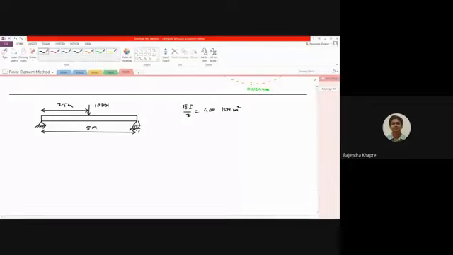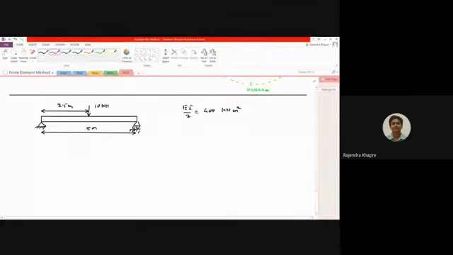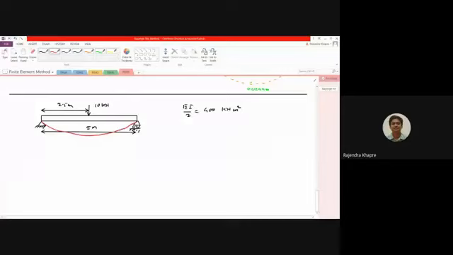If you observe the deformed shape, it should be like this, isn't it? You have the maximum deformation at the center and zero deformation at the ends of the beam. If you observe very carefully, this is nothing but a sine curve, isn't it? So let me draw a simple sine curve for you.